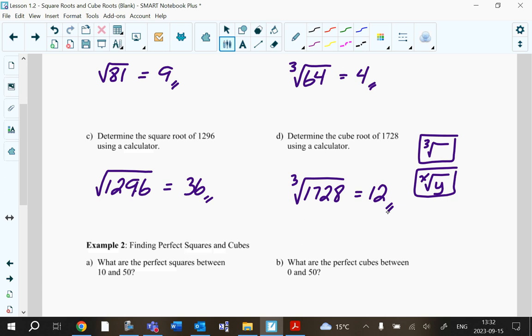Is it this one? It's the next, though, not a 3. Right. So you got to punch 3 and then shift that button with that. And now punch 1728. Like that? Yep. There you go.